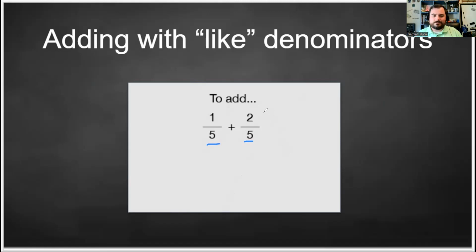Anytime our denominators are the same, we bring that same digit over and it becomes fifths as well. Anytime we add or subtract, our denominator stays the same the entire way through. Then, because it is plus, we just combine our two numerators. So 1 plus 2 equals 3, which gives us 3/5.